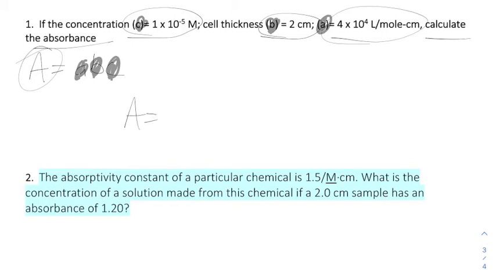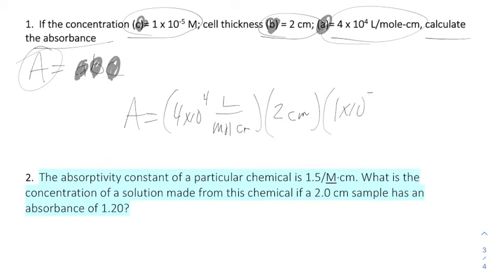So your absorbance is going to be equal to the extinction coefficient, which is going to be 4 times 10 to the 4th, and that's in liters per mole centimeter, times the path length, which is 2 centimeters, and then times the concentration, which is 1 times 10 to the negative 5th molarity. Please note that you've got a molarity on top and an inverse molarity that's here, so that goes away.